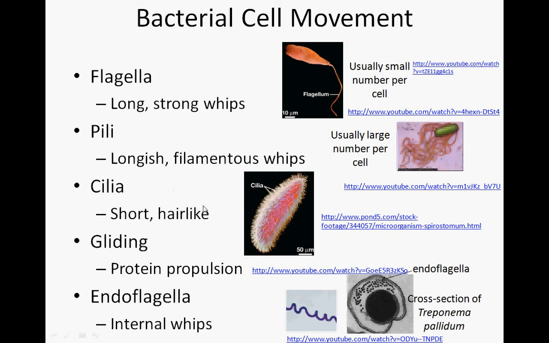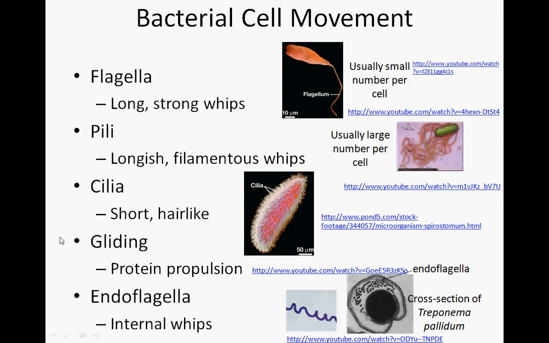Same goes for cilia. Cilia are very, very short, almost like little hairs that come off the surface of the cell. And this is actually a eukaryotic microbe now as I look at it, but these guys just kind of wiggle, and so these move a lot slower, but the motion is much more fluid, even more fluid than pili.